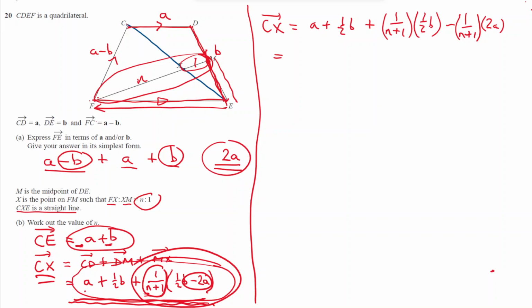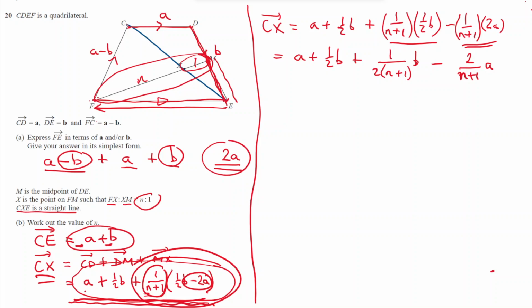Okay, let's simplify this. So we've got a plus half b, and this third term would look like 1 over 2 lots of n plus 1 b, and then the fourth term would be minus 2 over n plus 1 a.